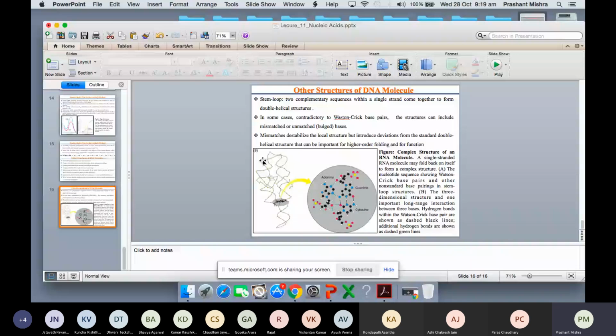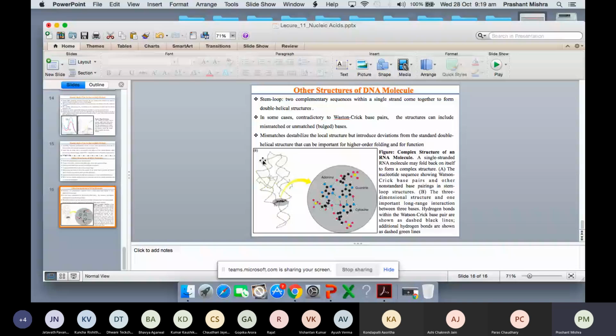So in general, when we talk about RNA, you think that RNA is a single stranded molecule, and that is why it will not have any shape. But actually, RNA folds back on itself and creates a structure. And this structure is possible because of the kind of interaction they are having between different base pairs.